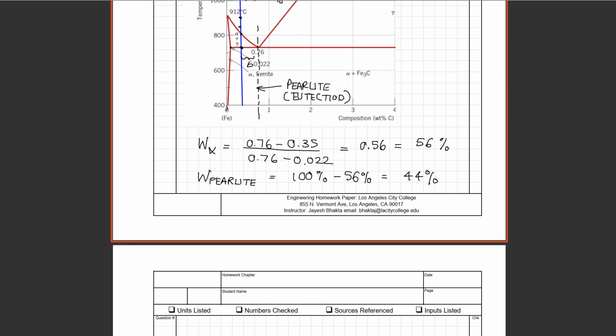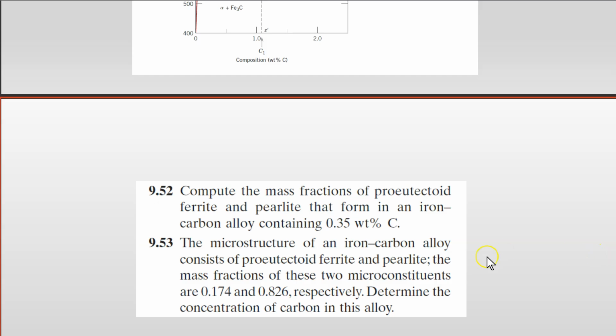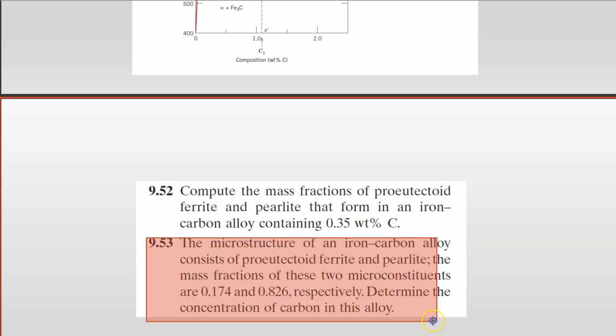In the second problem, we've got the microstructure of an iron-carbon alloy consisting of pro-eutectoid ferrite and pearlite. The mass fractions of these two constituents are 0.174 and 0.826 respectively. Determine the concentration of carbon in this alloy.